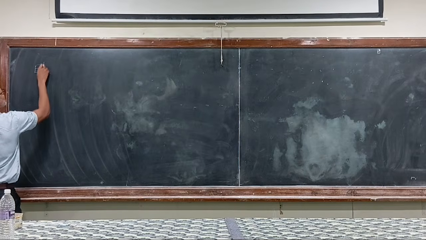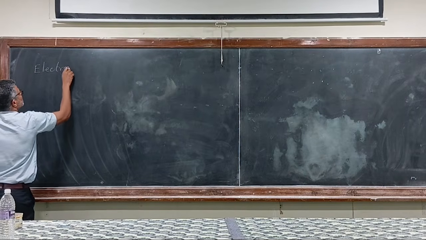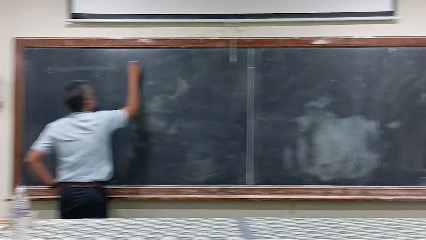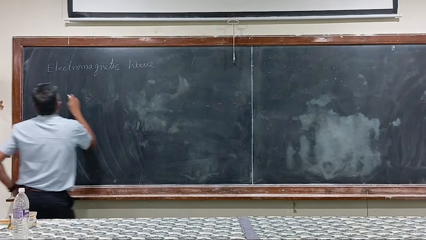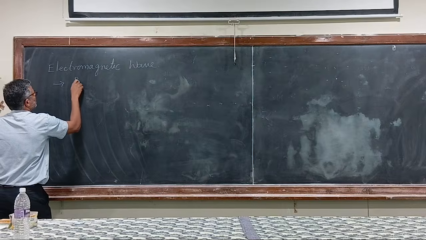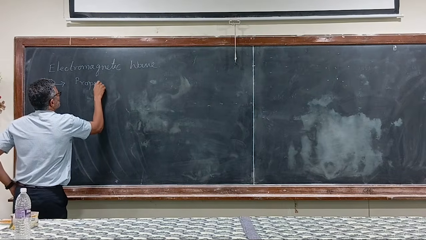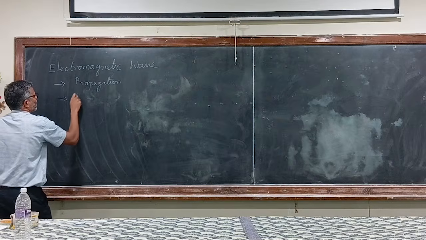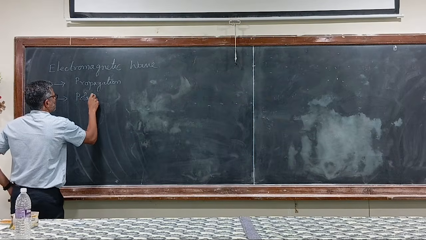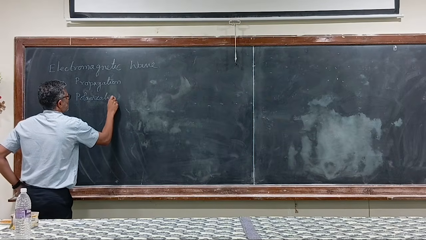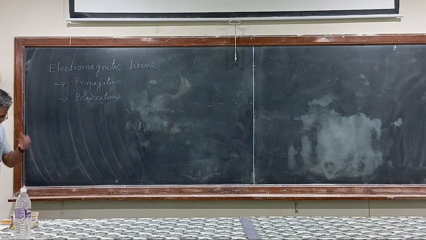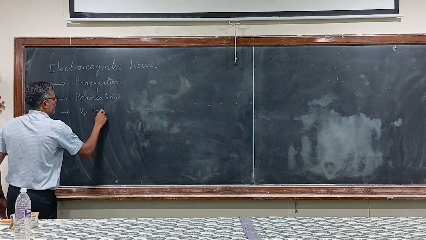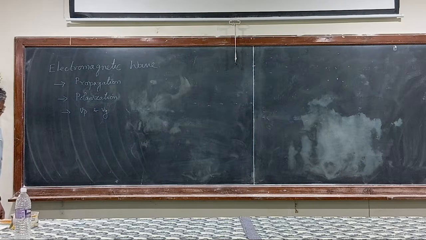Electromagnetic wave. Under this, the propagation vector, and polarization, and then we have the velocity, phase velocity, and group velocity concept.